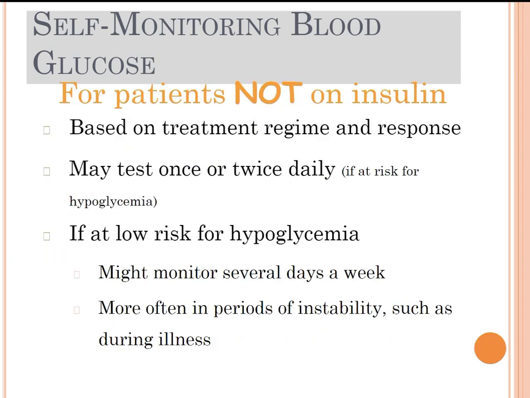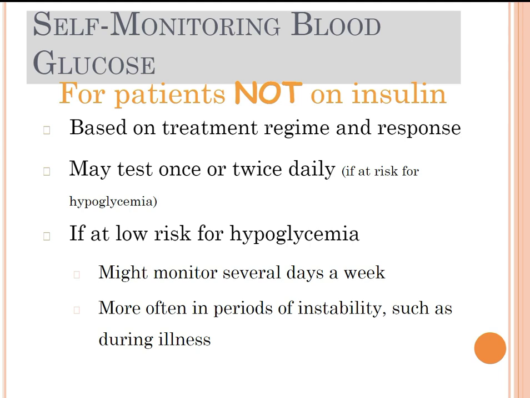Now, for patients who are not on insulin, the patient may test once or twice daily or a few times a week, depending on what treatment they are on for their diabetes mellitus and what their response has been. How stable are they? Now, if the patient is on an anti-diabetic agent which can cause hypoglycemia, which is most of them, the patient should at least be testing once daily or twice daily, because they are at a risk for hypoglycemia.